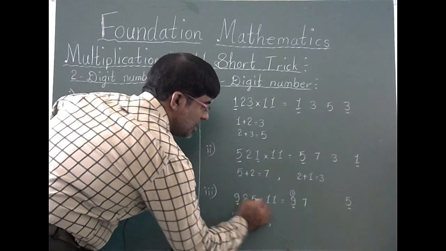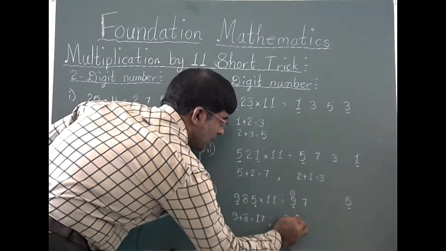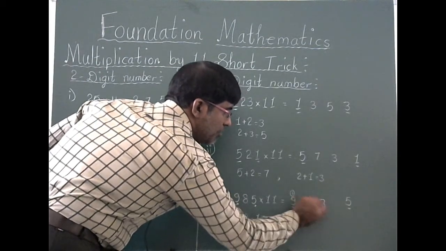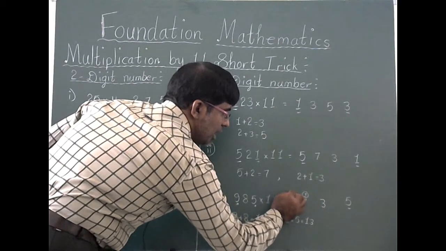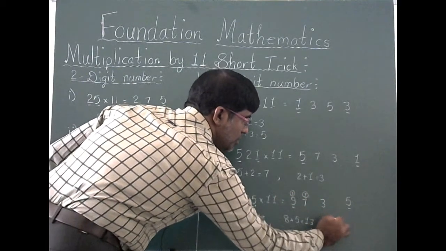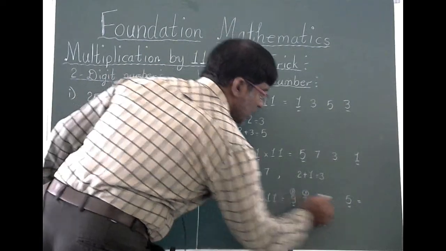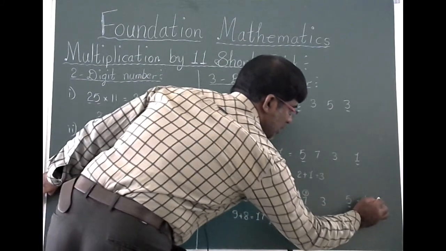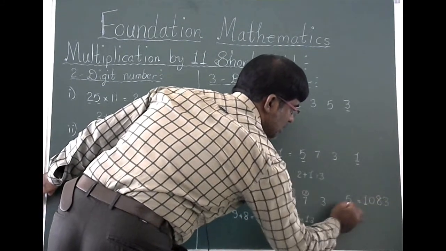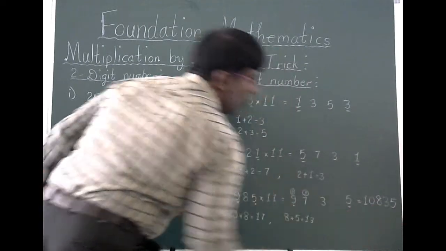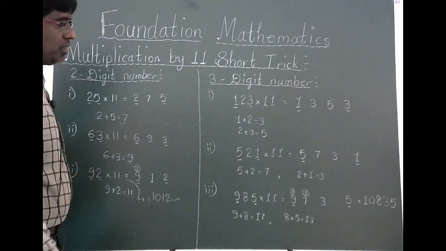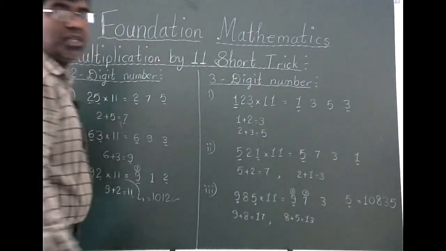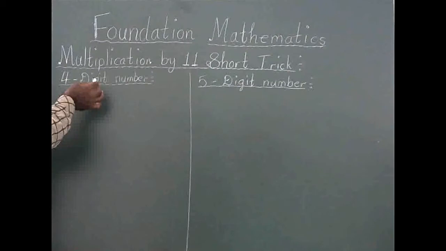Next, 8 plus 5 equals 13. So 3 is written in the middle, but 1 carries to 7. Now 9 plus 1 equals 10, 7 plus 1 equals 8, 3 as is, 5 as is. So 10835 is the correct answer. 985 into 11 equals 10835.